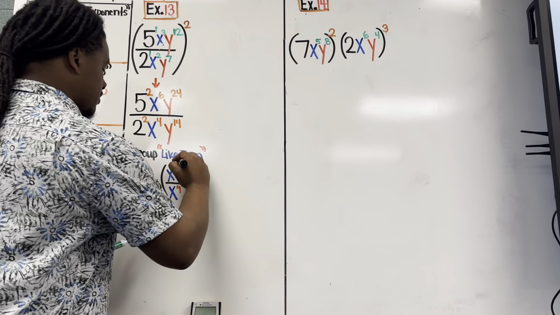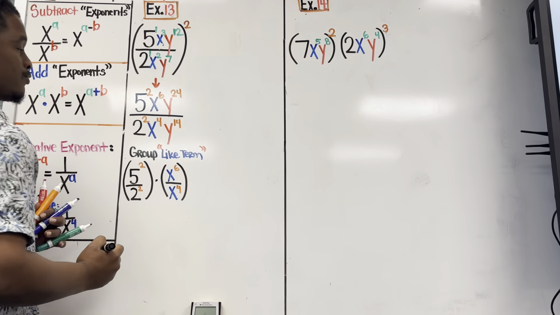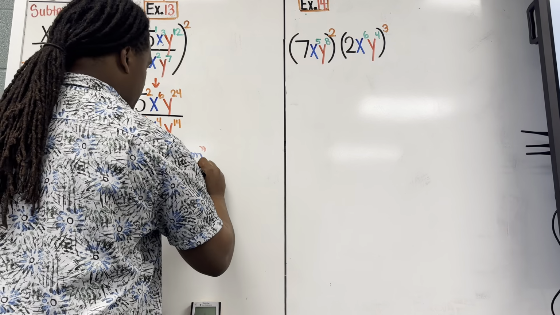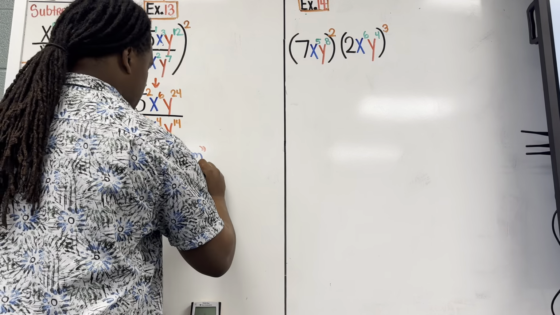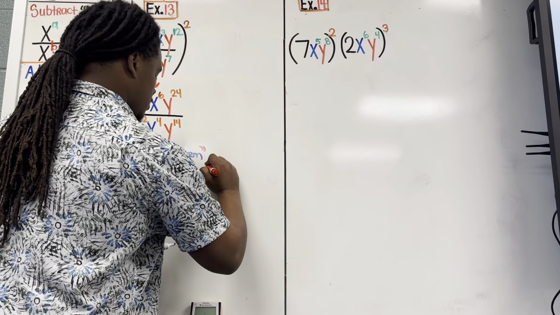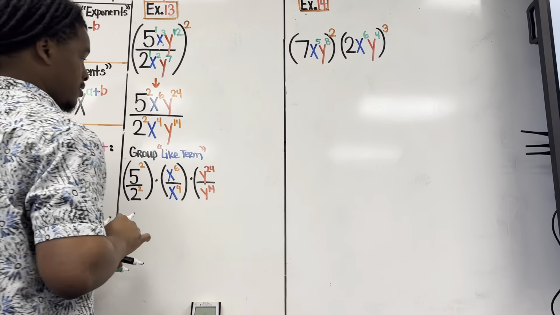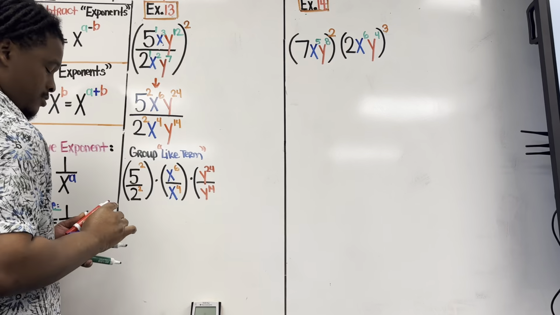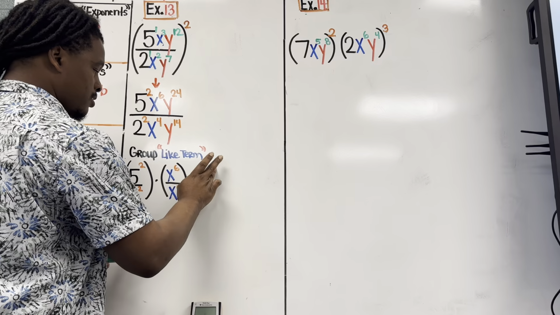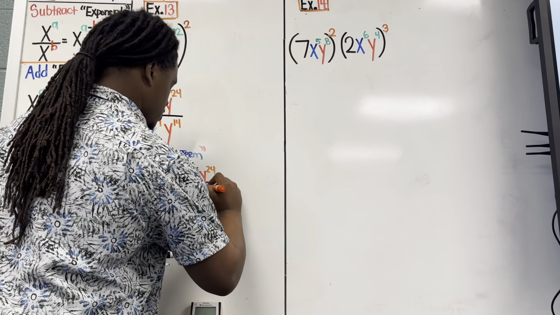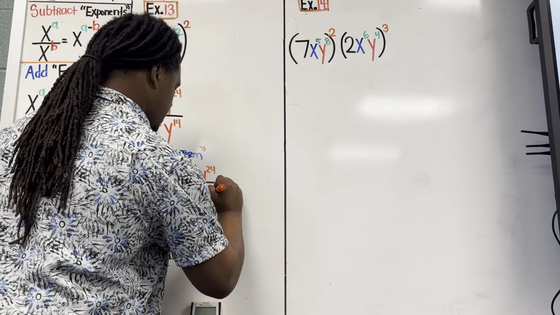I'm going to close that group. Now they're all grouped together, and the last group is going to be times y to the 24th power divided by y to the 14th power. Oh, I'm sorry, I was supposed to do that in orange. Give me 1 second. Okay, so y to the 24th power over y to the 14th power.